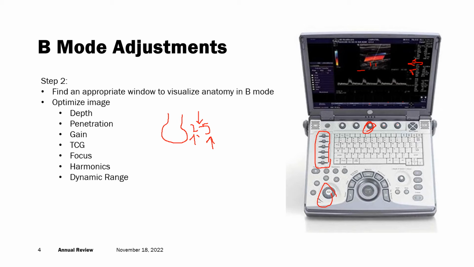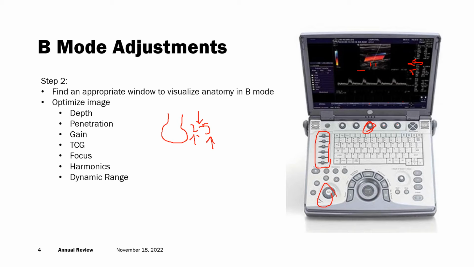The benefit of this is these harmonics can then bring back higher resolution than will be provided than just at the operating frequency alone. So adding harmonics, usually there's just a simple button where you can turn harmonics on and off. Adding those harmonics can be really beneficial in providing extra detail of certain areas.